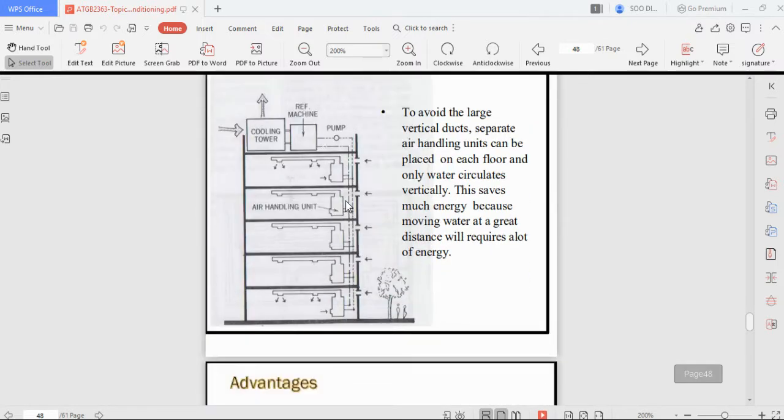But in a case where you want to install air handling units at different floors, maybe just to control the temperature at different floors, then you are required to install an additional pump. So this is to drive the refrigerant liquid gas into the air handling unit. So at this place, the air handling unit is where all the cool gas is being fanned out into the floor.